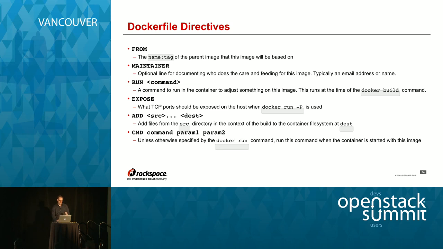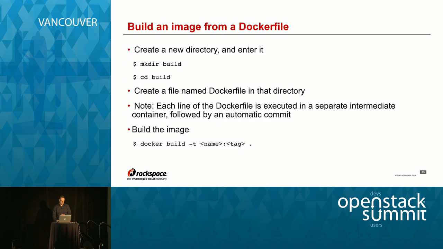Add is for adding files. You put the source file first, that's the local one that's in the build directory, and then the destination is where you want it to land inside the container. All right. So this is how Docker files are built.